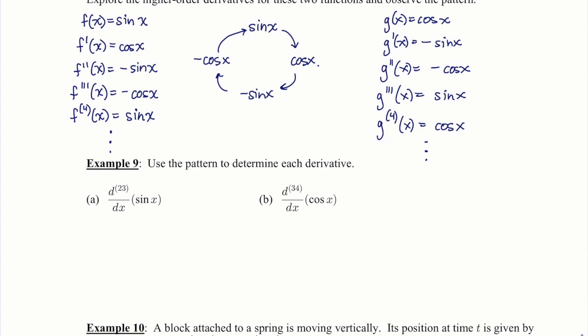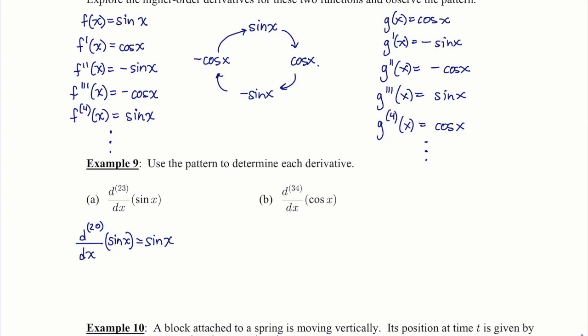So let's see, if I want the 23rd derivative of sine, I could think, well, if I can get to a multiple of 4 that's close to 23, then I can figure it out pretty quickly. So I would know the 20th derivative of sine of x is just sine of x, right?